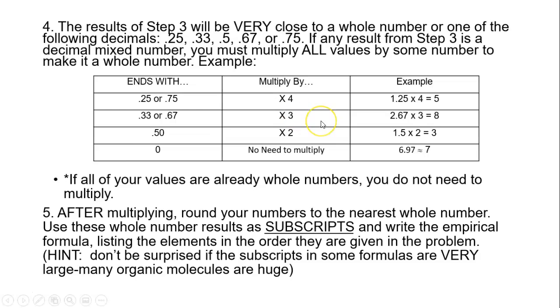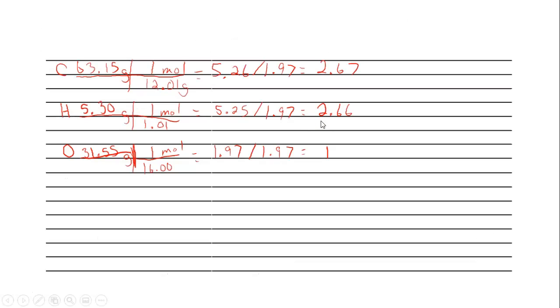And when we look at that for our example here, we're going to do that for all 3 of these numbers. Remember, if you do one thing to one, you have to do it to all of them. So we're going to multiply all of these numbers by 3. Because remember, we can't have a 2.67 of an atom. That's our goal here, is to get it to a whole number. And multiplying by 3 is going to allow for that to happen. 2.67 times 3, whenever we multiply that out, is going to be 8 for this one.